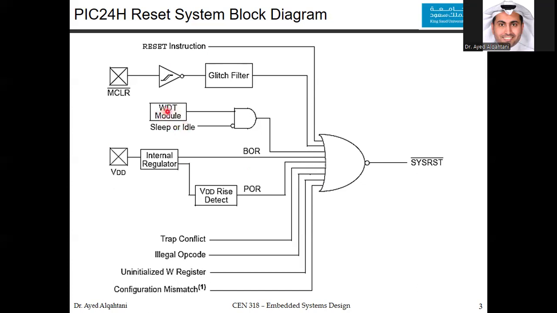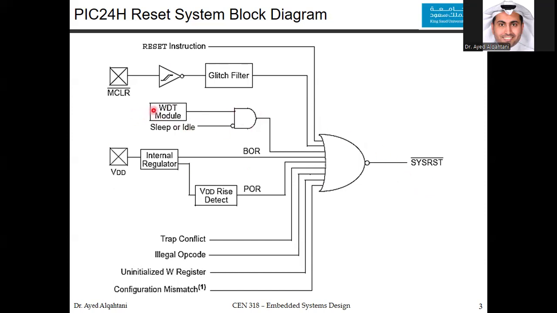If the watchdog timer times out, the rollover happens, or the timer expired, it could cause a reset. When is this happening? Only if the microcontroller is not in the sleep or the idle mode. If it is not in the sleep or the idle mode, the first job of the watchdog timer would be to reset the system.